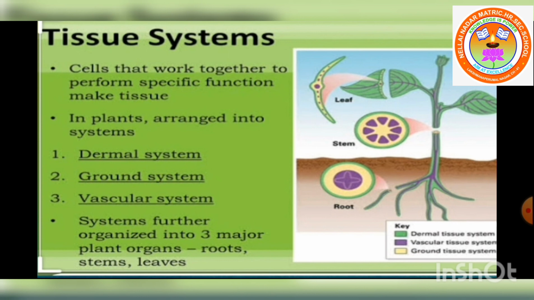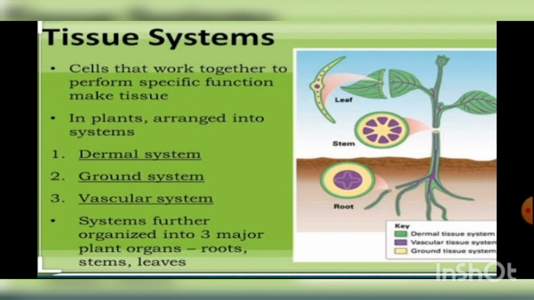How the three tissue systems group to form an organ, and what are the functions of all the three different types of tissue system, all these things we will discuss in the next session.